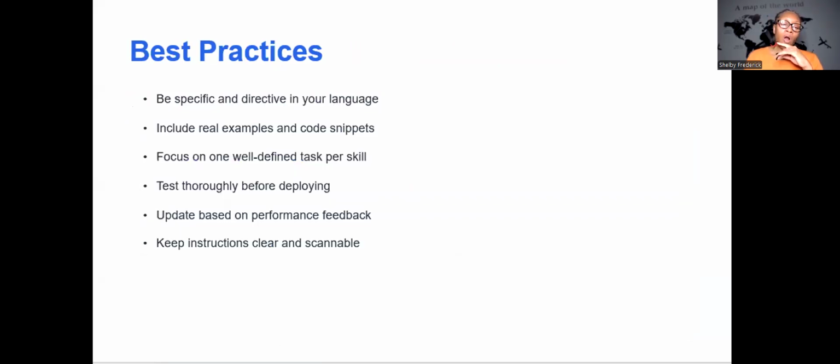Now, there are some best practices when creating your skills file. You want to be specific and directive. You want to include real examples. Focus on one task per skill.